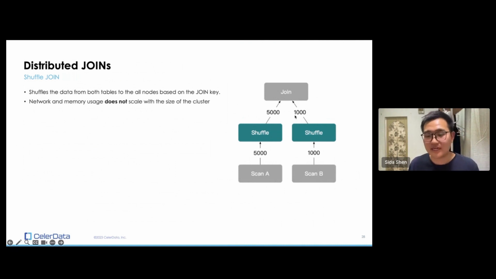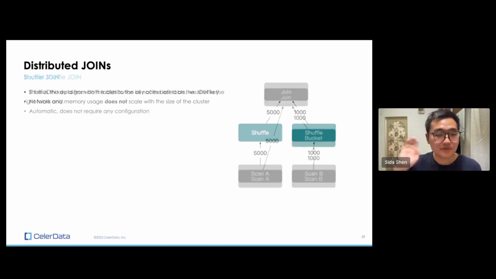So it's very scalable. So the more nodes you add, the more performance you're going to get, and you use the same amount of memory if you want to run the same query, right? It does not scale with the size of the cluster, and this is the key to achieving truly scalable join in a distributed fashion, right?